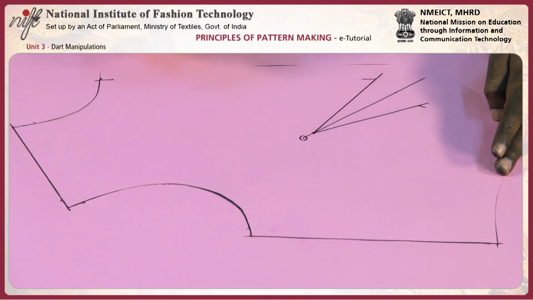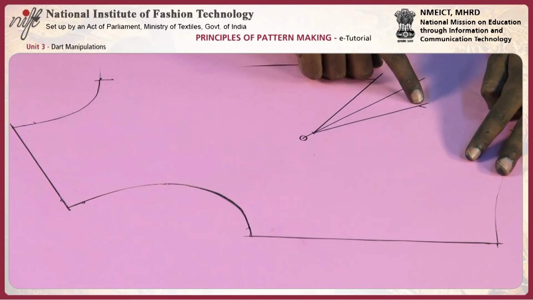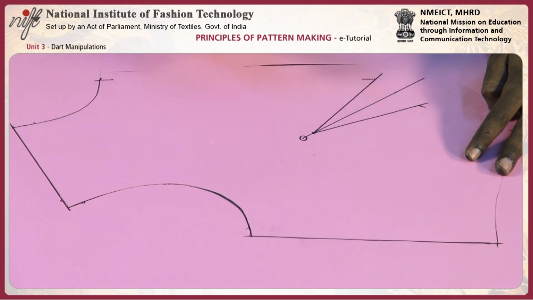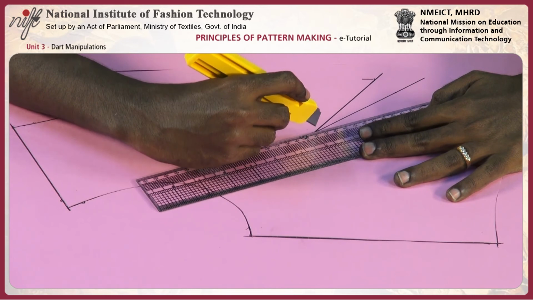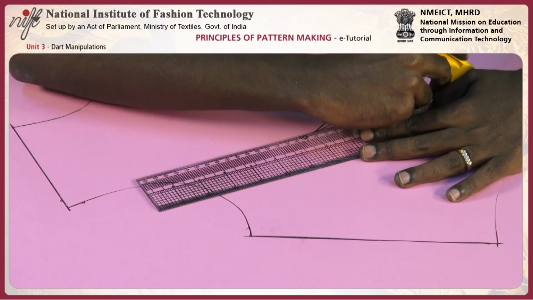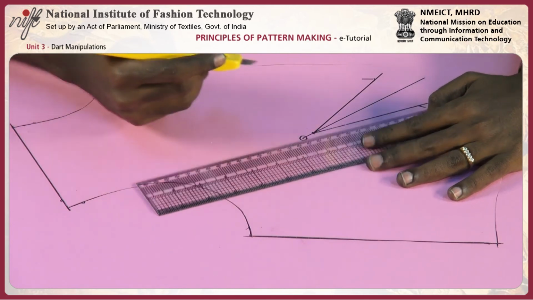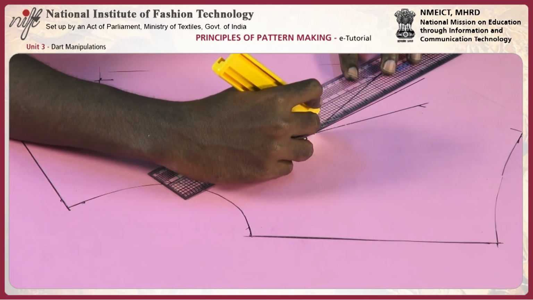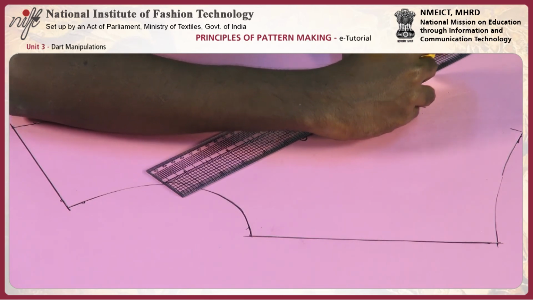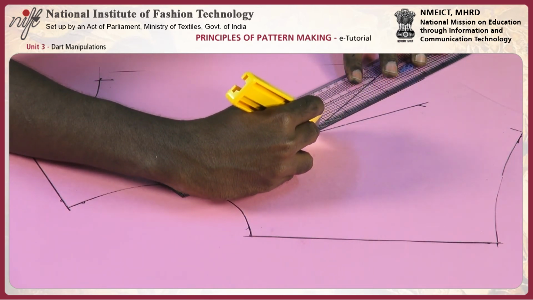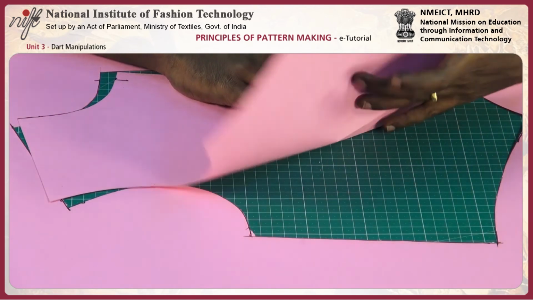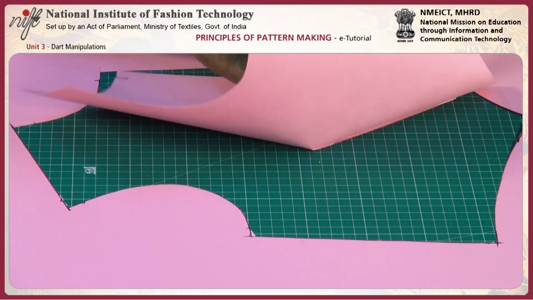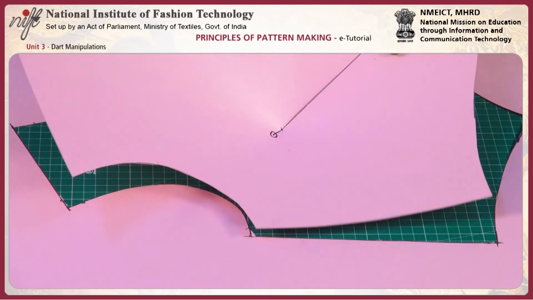Since it is a horizontal dot, you have to crease the lower dot leg. Then crease the dot center line. Mark up the pattern.